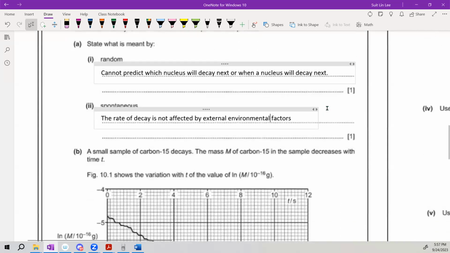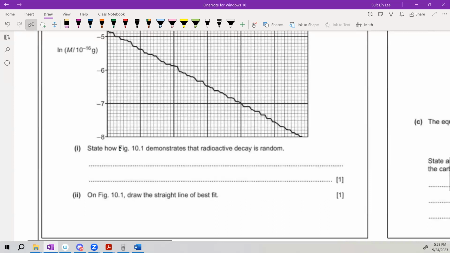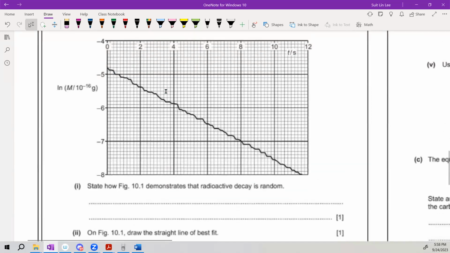Okay. After that, I see a graph. So here it says mass of the carbon of the sample decreases over time. So this is ln m. And then the first part here, they're asking you to demonstrate that the radioactive decay is random. The zigzag fluctuation line.